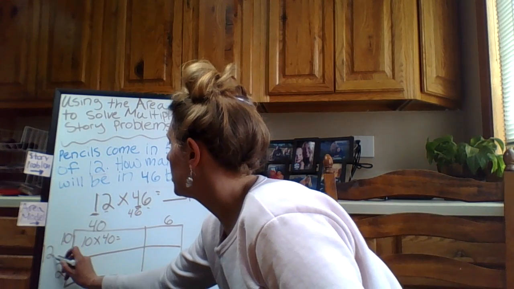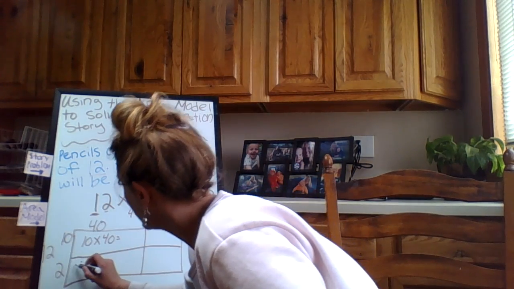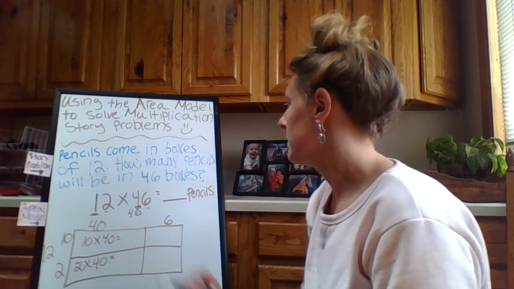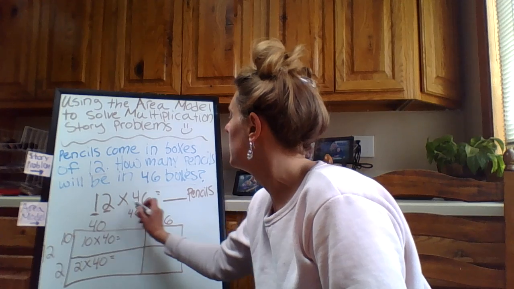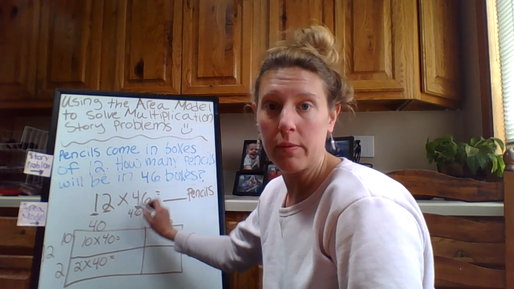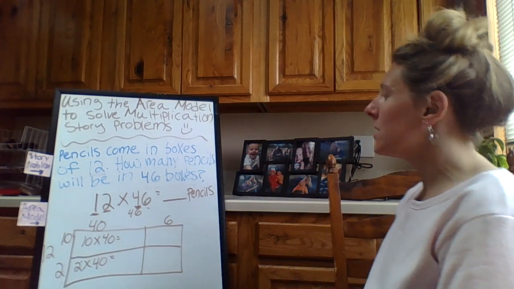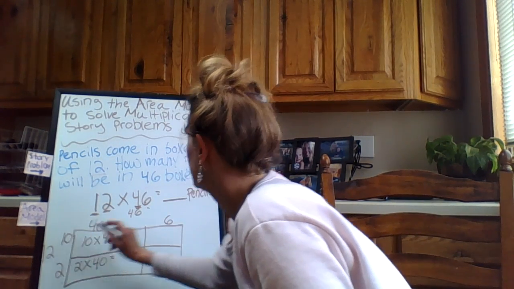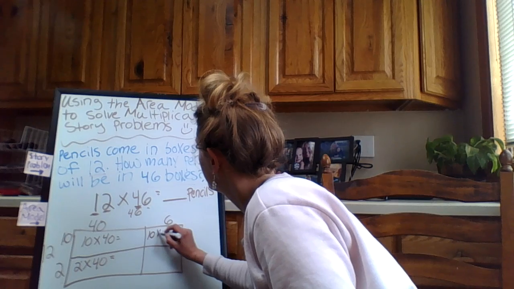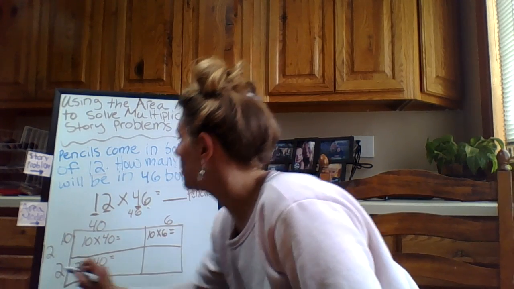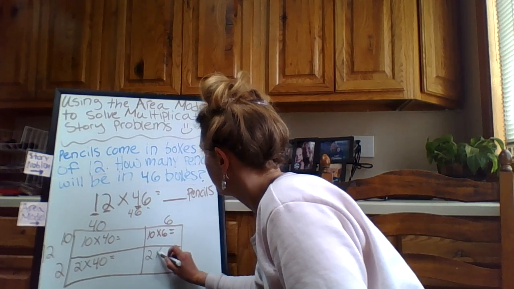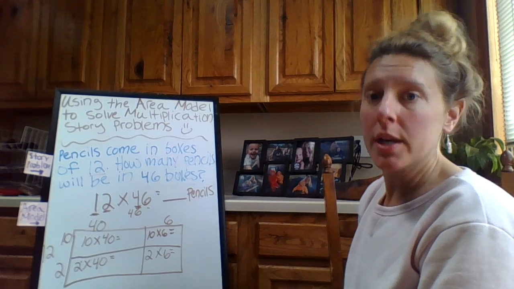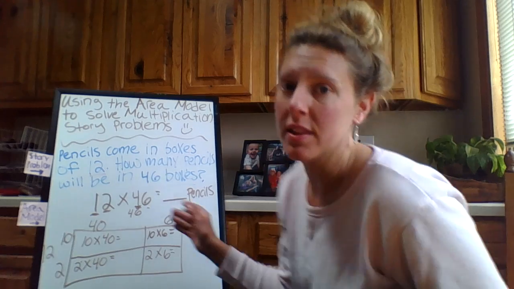Now I need to do 2 times 40 equals blank. So that would be multiplying 2 times 40 right here. And then now I'm going to do the same thing, and I'm going to do 10 times 6, and then 2 times 6. So I multiplied each digit in one number by each digit in the second number.